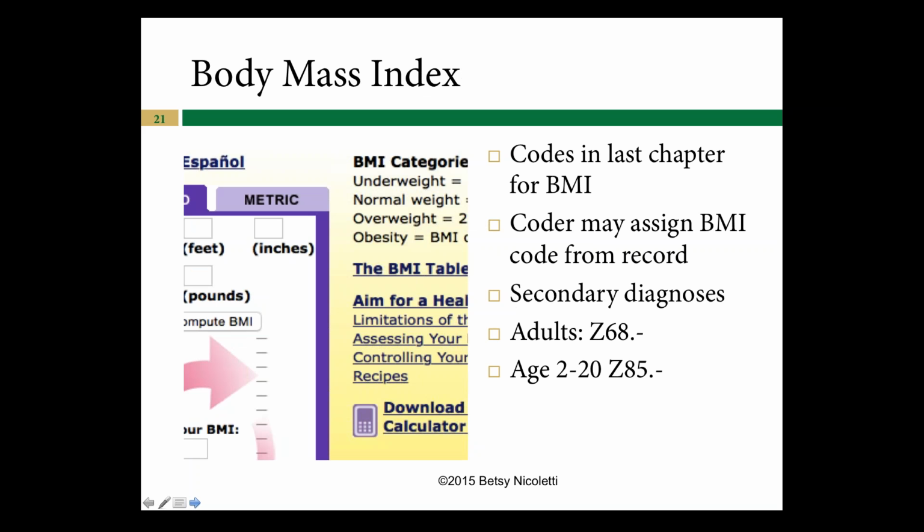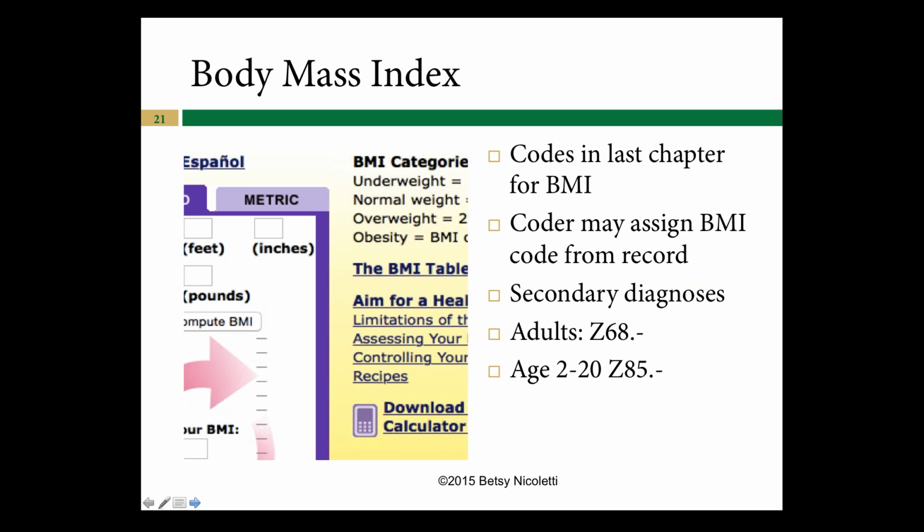Now the BMI codes are in the last chapter in ICD-10. And my recommendation is that we would assign a code that describes the patient's BMI for patients who were severely malnourished and patients who had morbid obesity. So anything under 20 and over 40, I would assign a code.